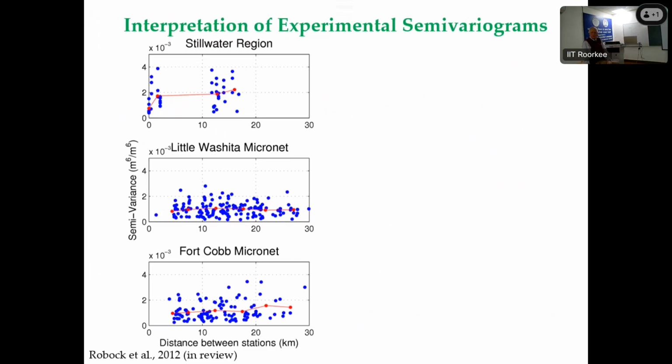Is this good for spatial interpolation? Do you see a variability structure, or a structured variance, in the semi-variogram? Not really, no. Don't be so soft.